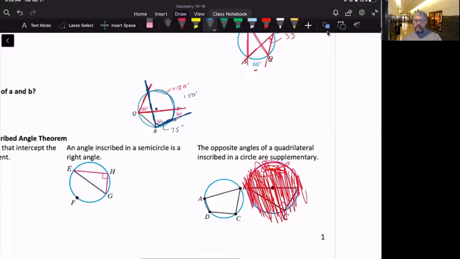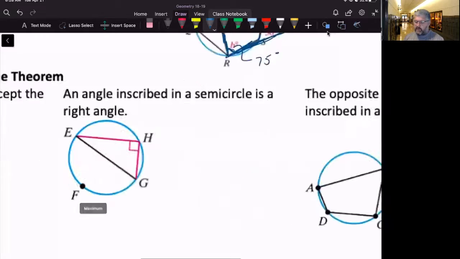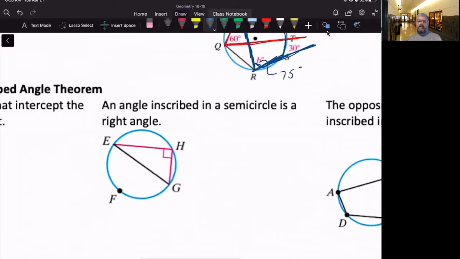So an angle inscribed in a semicircle is a right angle. That tells us a couple things. First, in this case, it doesn't tell us that EG is a diameter, because it doesn't mark the center point. We know it's a diameter if the center point of the circle is marked.